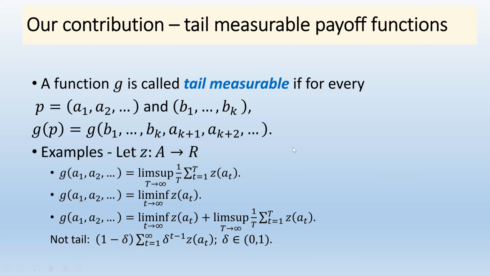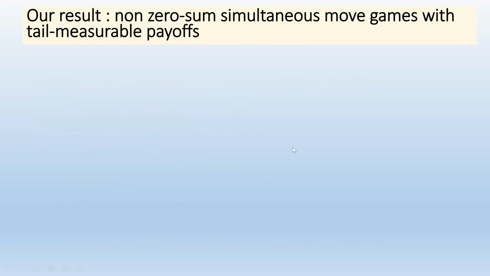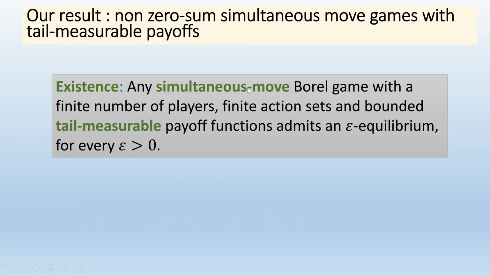Now that we know what tail measurable sets and tail measurable functions are, I can state the results. We consider non-zero sum simultaneous move games with tail measurable payoffs. The number of players doesn't need to be 2, it can be larger than that. I will emphasize 2 results.